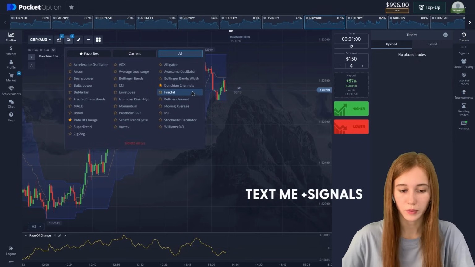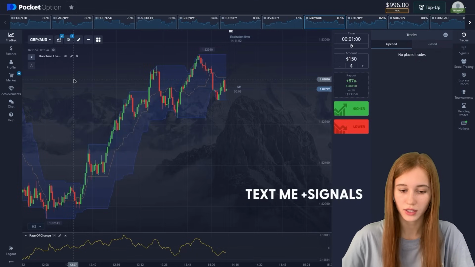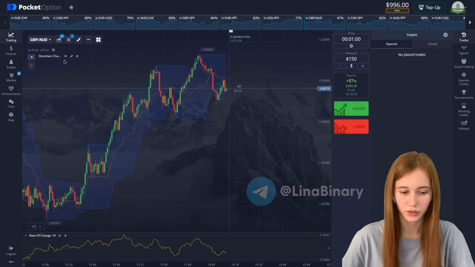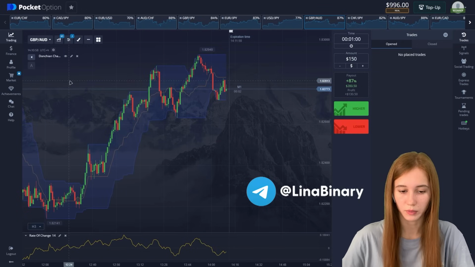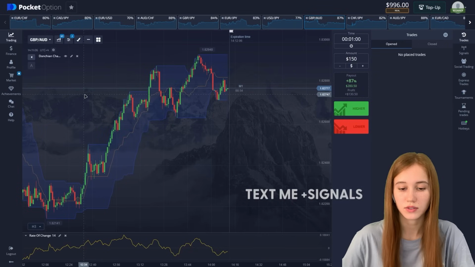So today we use two indicators: Donchian Channels and Rate of Change. Let me tell you a little about them. Let's start with Donchian Channels. In general, this is a simple indicator that provides the ability to observe price movements relative to the usual range.